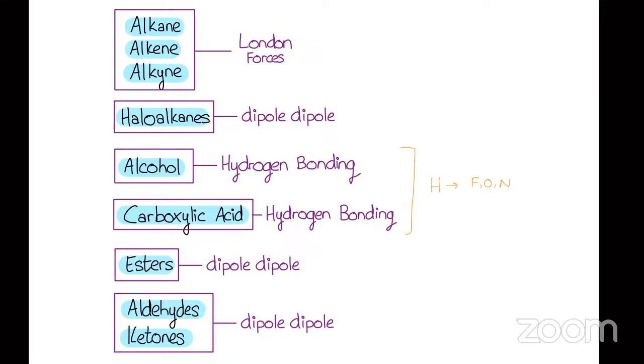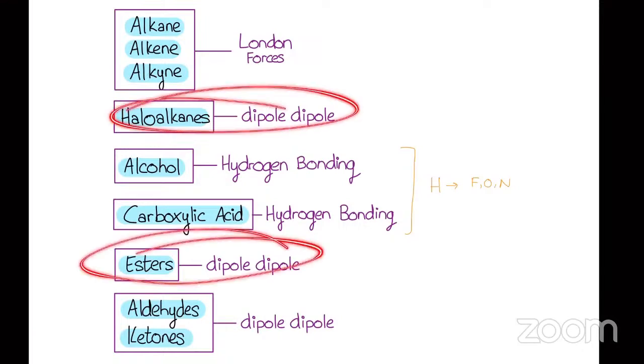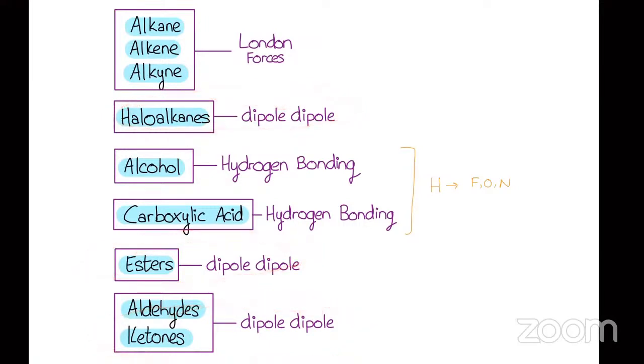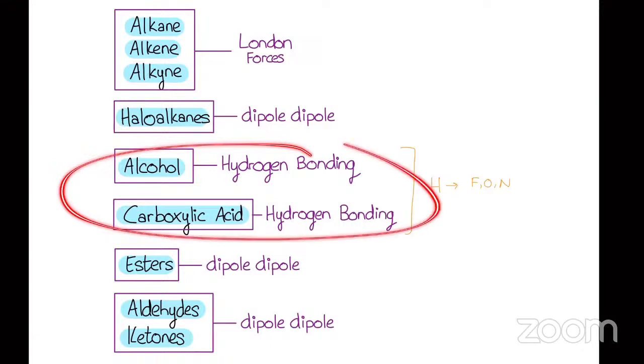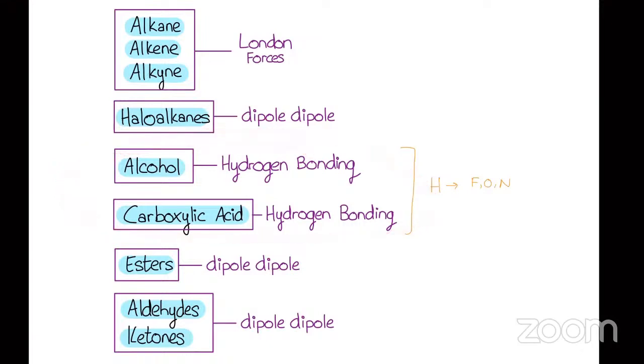Then when we go to esters, aldehydes, ketones, all of these have dipole forces. So hydrocarbons, London dispersion or London forces. Haloalkanes, esters, aldehydes, and ketones, they contain dipole-dipole forces. Alcohols and carboxylic acids, hydrogen bonding.